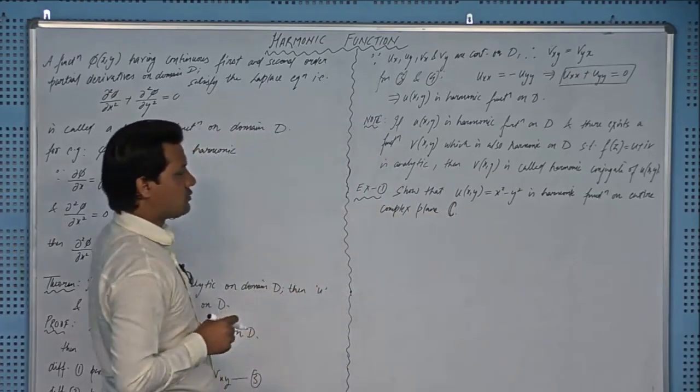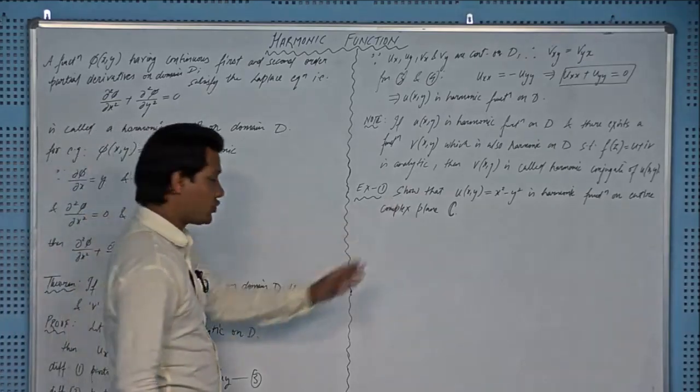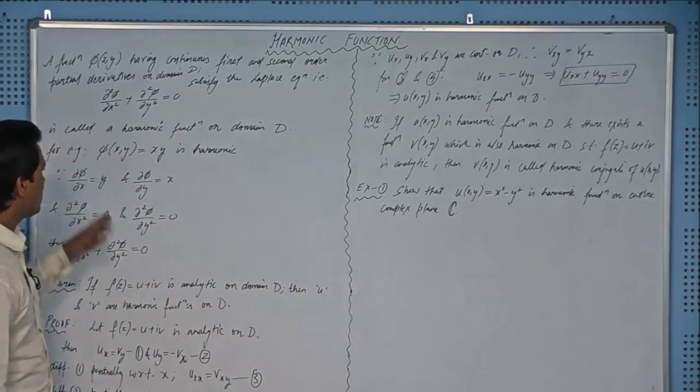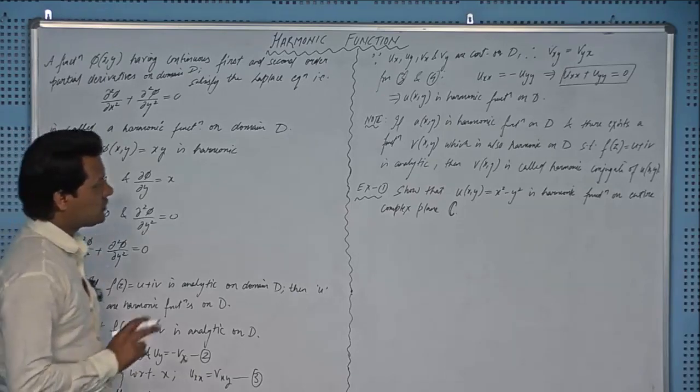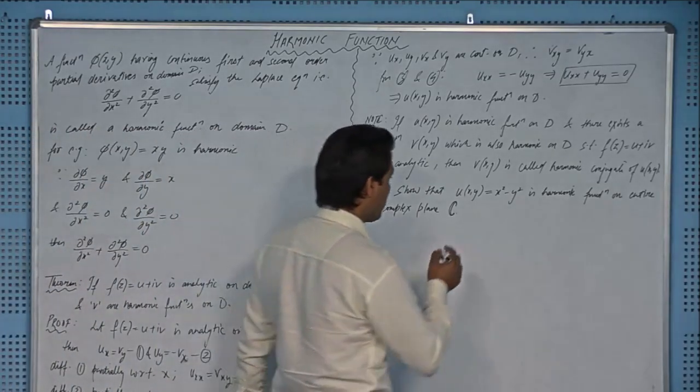We have to show that this is a harmonic function. This is the first part of the problem, showing it harmonic. That is very easy, right? We'll follow this procedure.